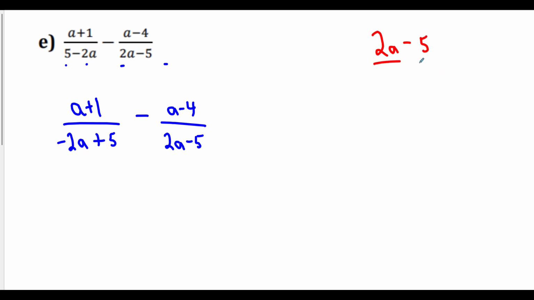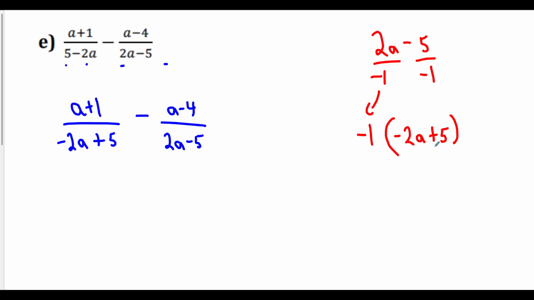Remember, factoring out means you're essentially dividing by that value, in this case negative 1, and then placing that value in front, putting everything else in a bracket. So if I factor out a -1, essentially divide everything by -1, this becomes -1 on the outside and brackets -2a plus 5.